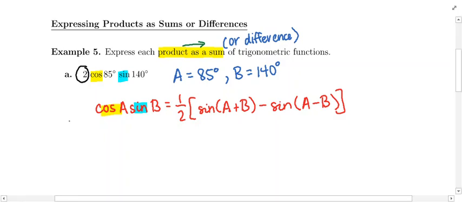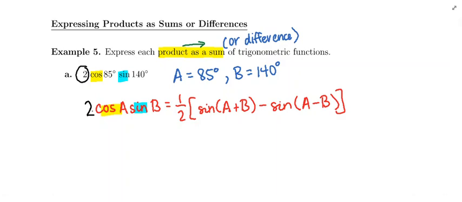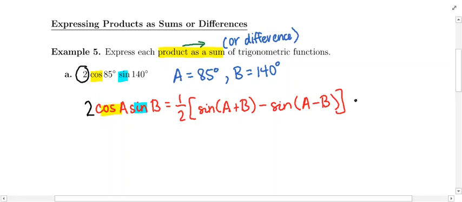So we're going to make the adjustment in the identity. To get an exact match, I need to multiply the cosine sine piece by 2. But this is an equation, so whatever I do to one side, I have to do to the other. So I need to multiply the right side of the equation by 2.